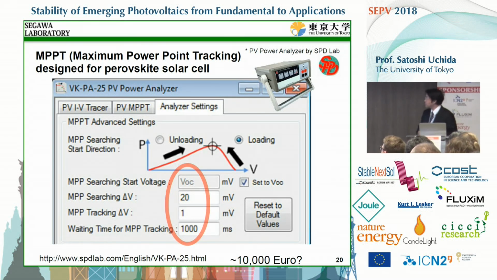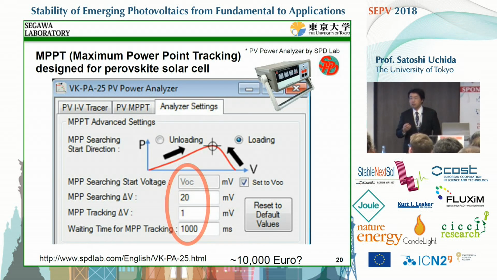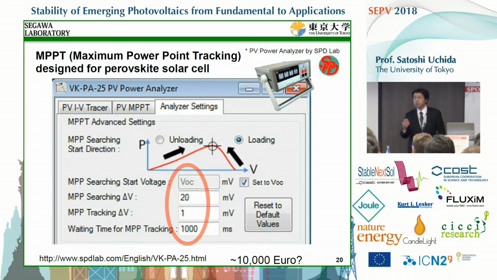Some people still complain that even with an MPPT machine, they may sometimes recognize the short-range IV curve, so it's not the final answer, some people say. Yes, it's true.